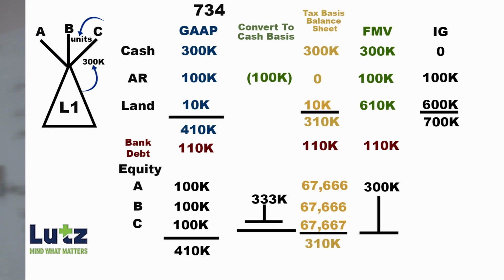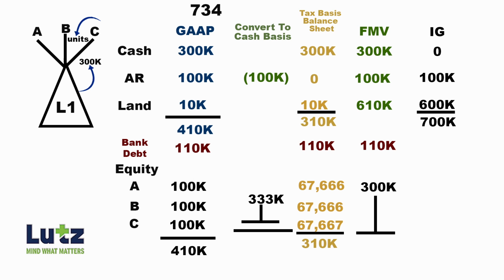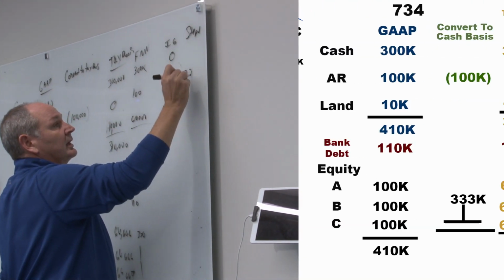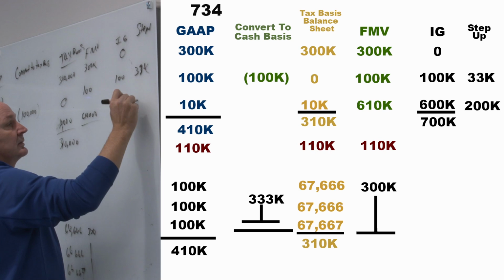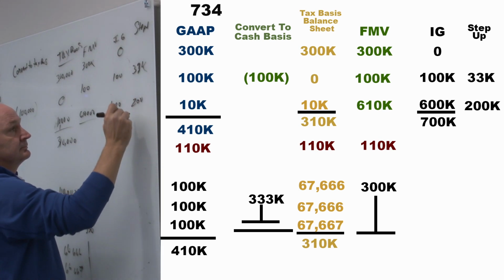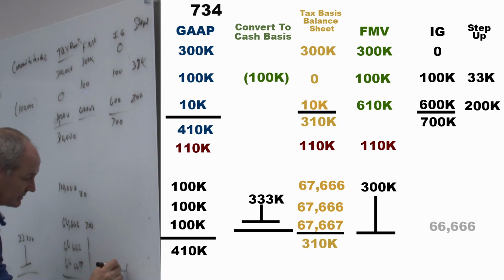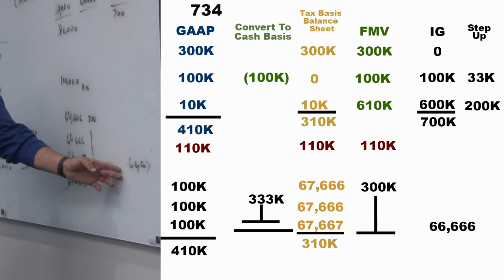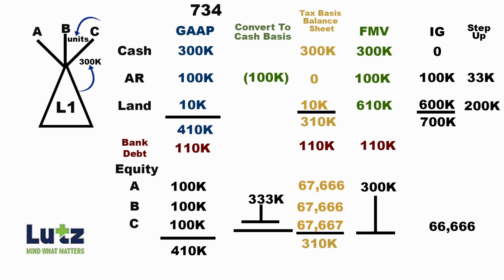So if we redeem somebody out of the company for $300,000, that's going to infer a step up of 33K and 200K, and the elimination of the 6 of equity, right? That's the same thing as what we did before.